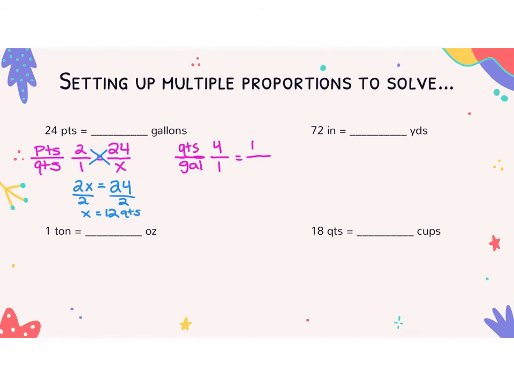So if we have 12 quarts, we need to figure out how many gallons that would be. So next we will cross multiply. 4 times x is equal to 1 times 12, which is 12. We'll divide by 4 on both sides of our equation to get x by itself, and x equals 3. So 24 pints equals 3 gallons.